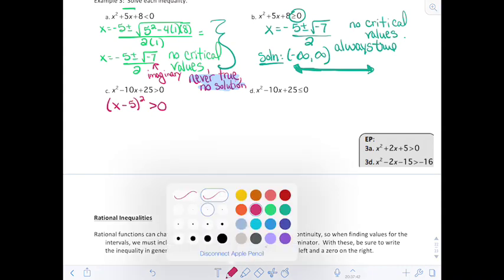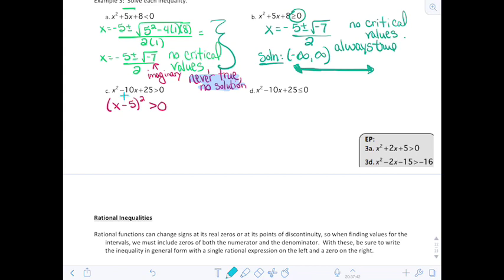So this means I'm looking for a positive. I want to know where this is positive. Well, the critical value is going to be x minus 5 equaling 0, which is 5. So here I have 5. Now it has to be strictly greater than 0, so I have an open circle at 5.